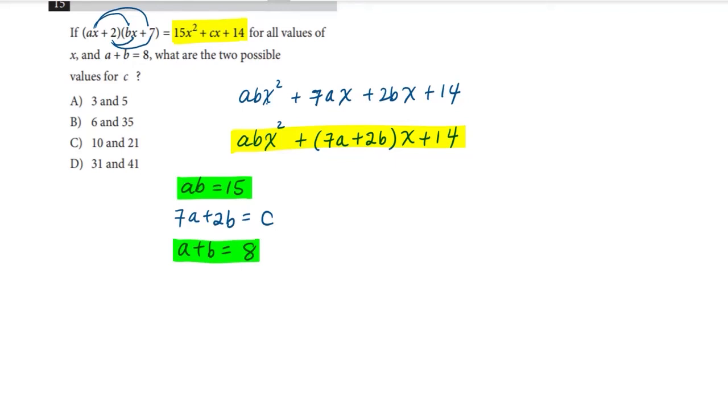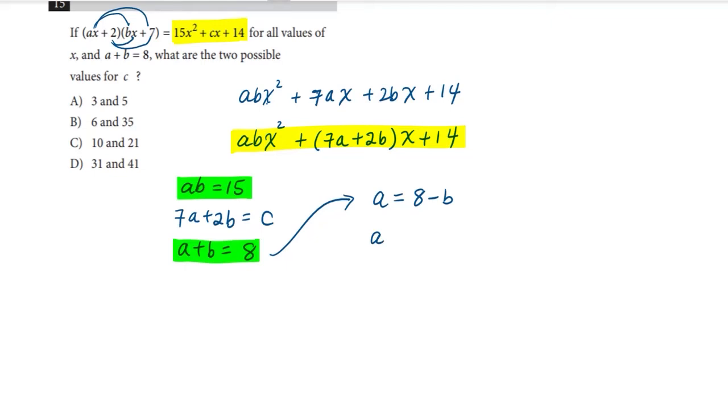So using these two pieces of information, a times b is 15 and a plus b is 8, we're going to find what c is. Let's rewrite the equation as a is 8 minus b, and plug that into the first equation, a times b is equal to 15.